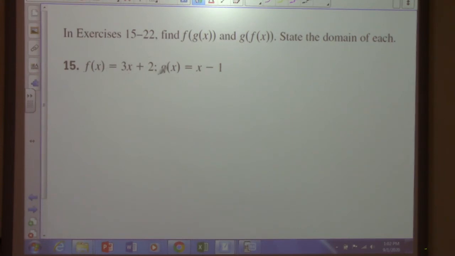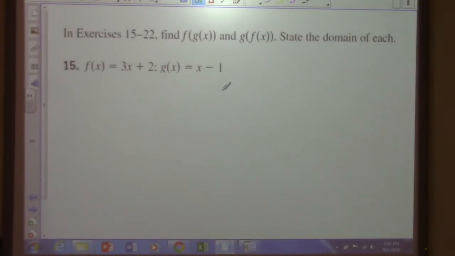So what kinds of functions are both f of x and g of x? They're linear functions, right? And linear functions come from the larger family of functions we call polynomial functions, quadratics being kind of related, the next power up. And what is the domain of all polynomial functions?